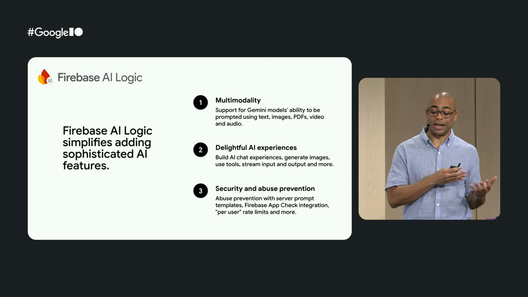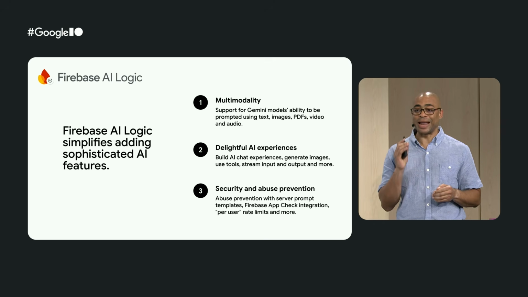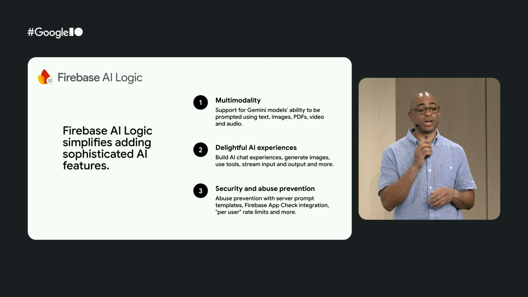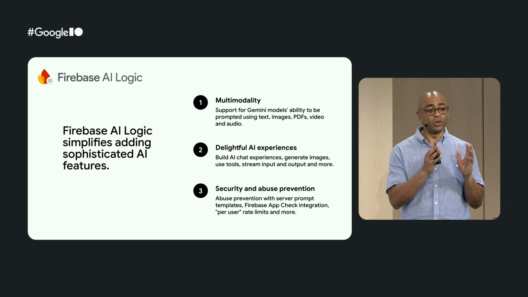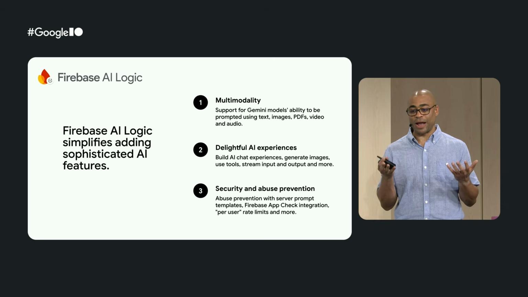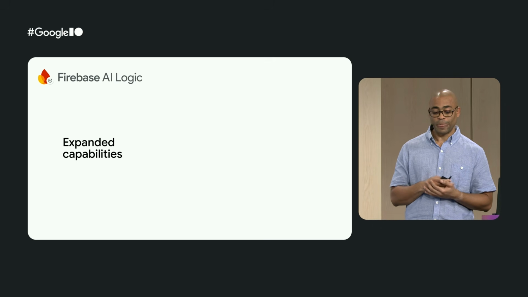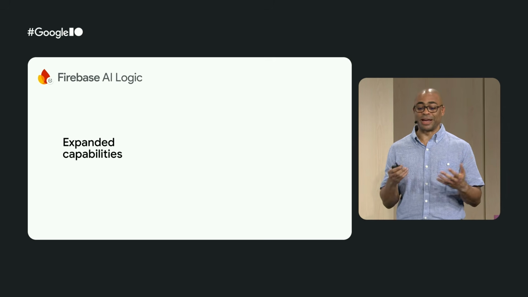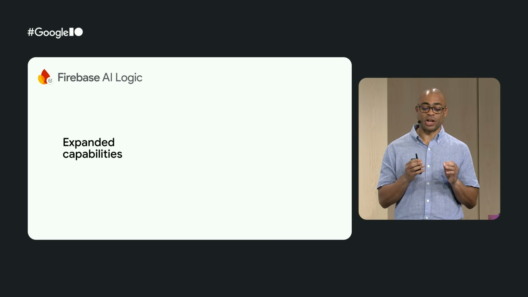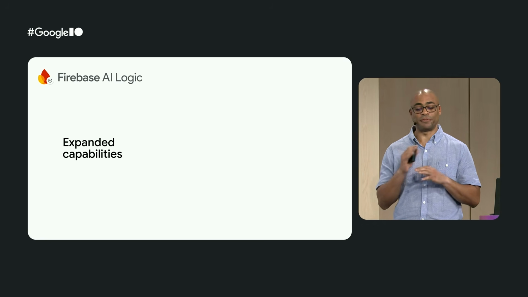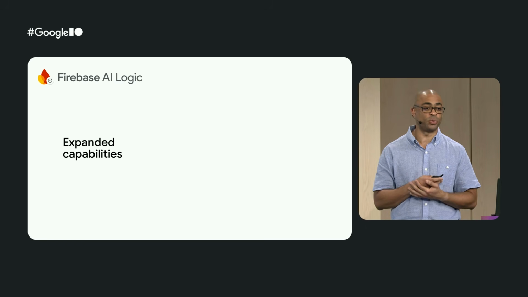Integrations with Firebase AI Logic help prevent non-app access to your models, and built-in user rate limits prevent a few users from abusing your app's AI quota. Gemini models have continued to advance, and Firebase AI Logic has expanded its capabilities to ensure that your apps can take full advantage of what Gemini has to offer.